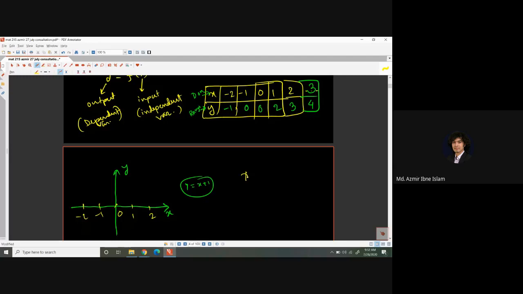So for the domain we need the x-axis. Is that okay? Yes, sir.